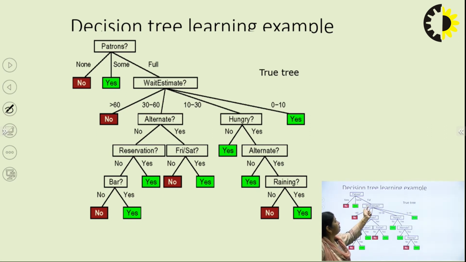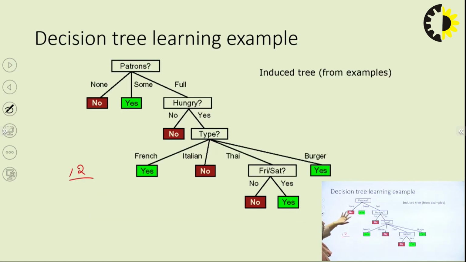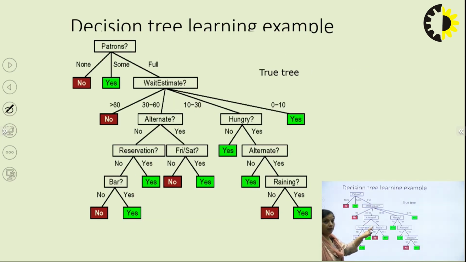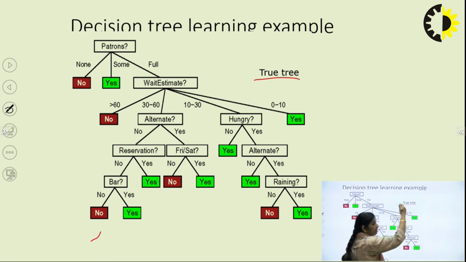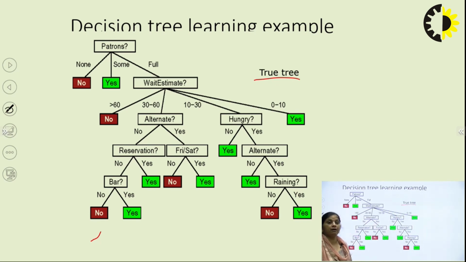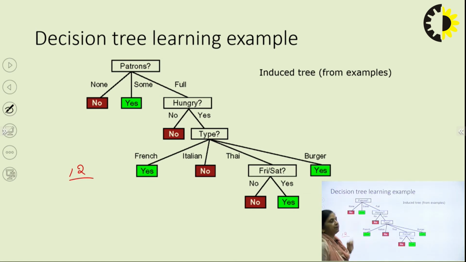Both started with Patrons, but then the final structure is not the same. The induced tree was very small in comparison to the actual tree, because this actual, true tree is induced from a large number of examples. We had a big number of examples, but in this lecture we have taken only 12, so we have got this particular tree.